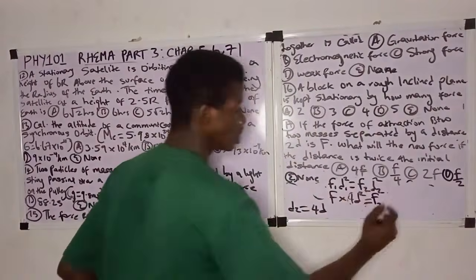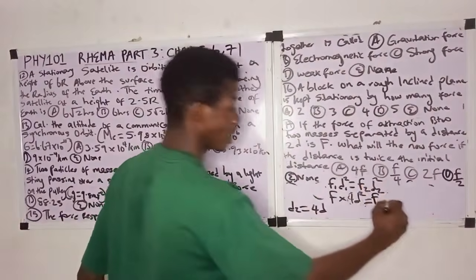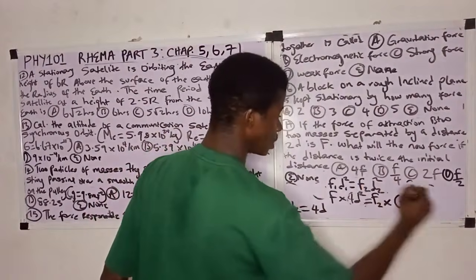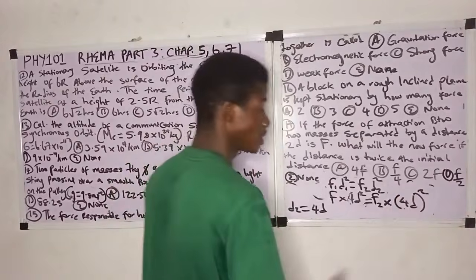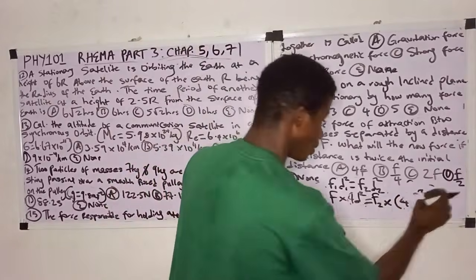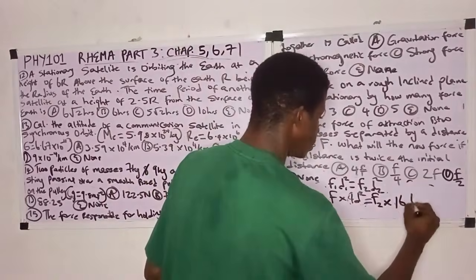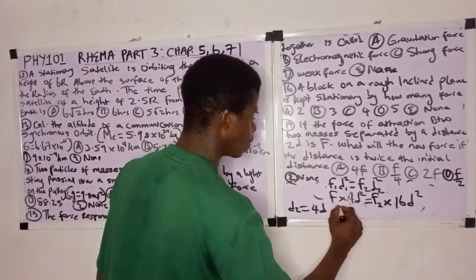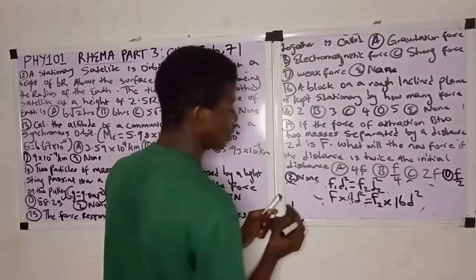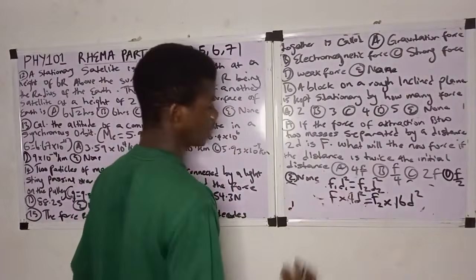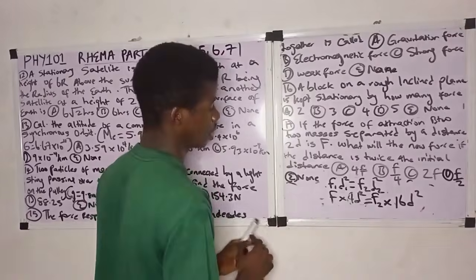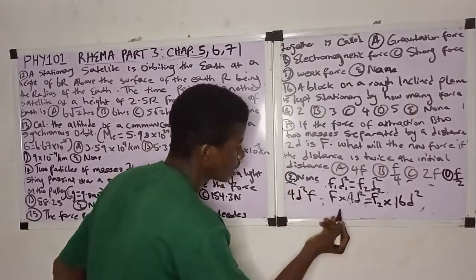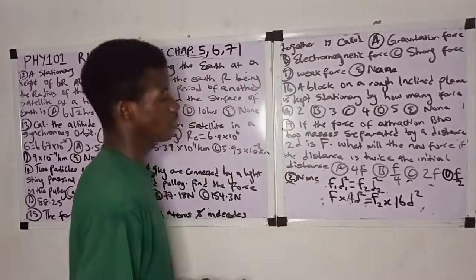Remember, this D2 is squared. So D2 is 4D and it's squared: the square of 4 is 16 and the square of D is D square, so 16D square. So F times 4D square equals 16D square times F2.